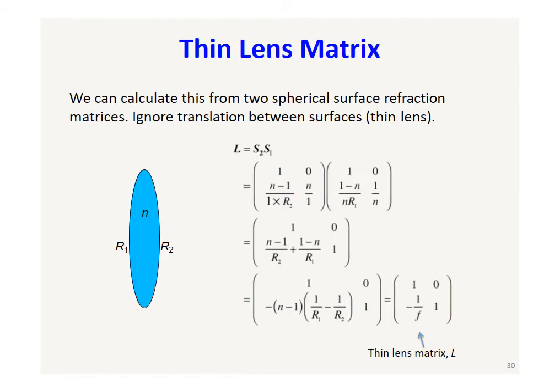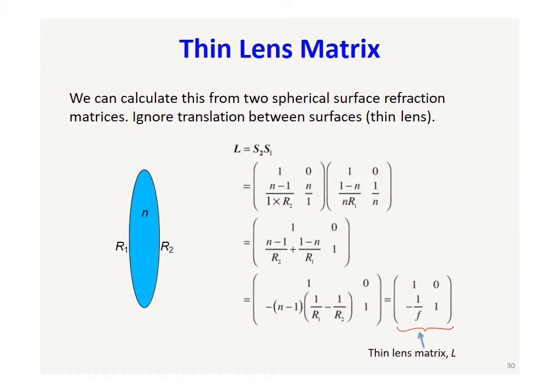There's also a matrix for a thin lens, which you can look up whenever you look up all your other matrices. In this case, though, we've gone through the calculation of it just because it's a simple example to show you how the system matrix calculations work.